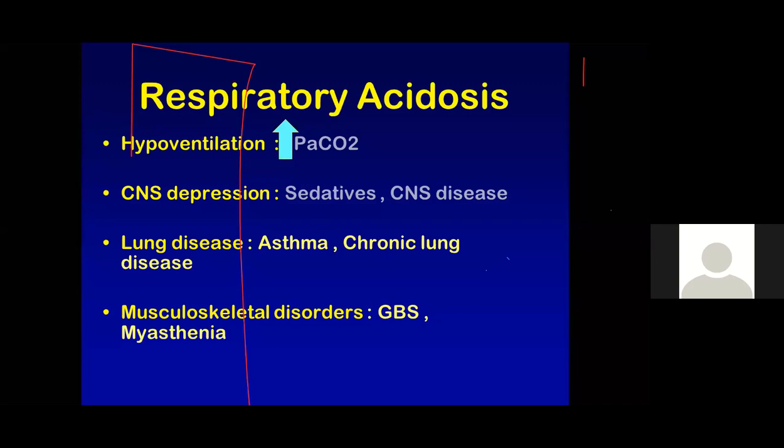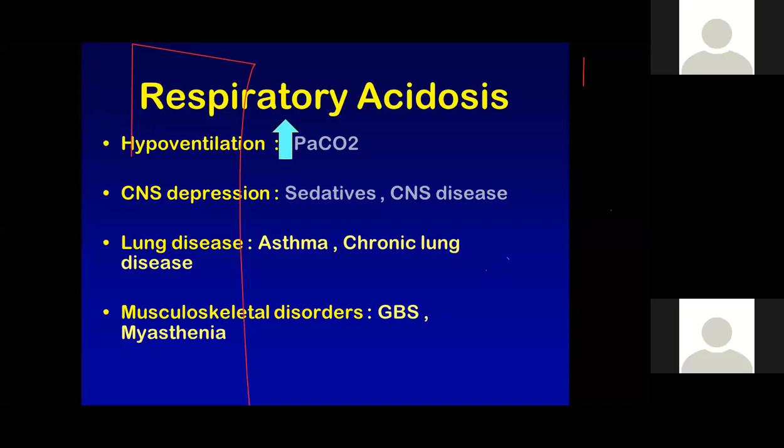Other causes can be central nervous system, pulmonary, or musculoskeletal disorders. Use of sedatives, what will it cause? The patient cannot breathe. Any CNS disorder, the patient cannot breathe. A patient with asthma or chronic lung disease also cannot have a normal breathing pattern. Guillain-Barré syndrome or myasthenia gravis are also examples which can cause respiratory acidosis.